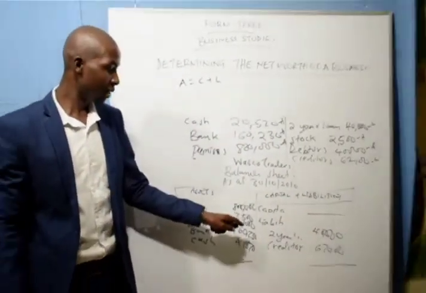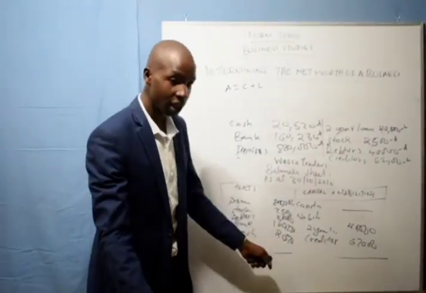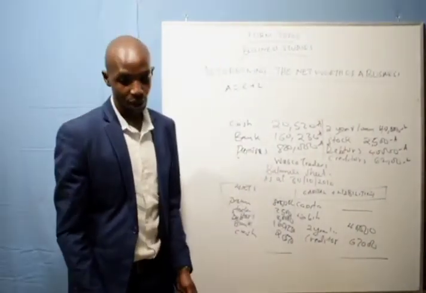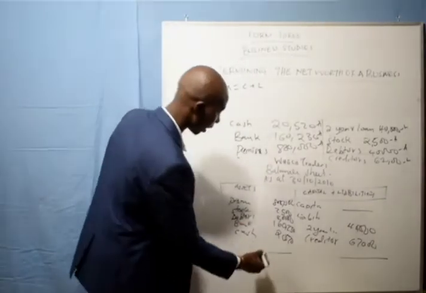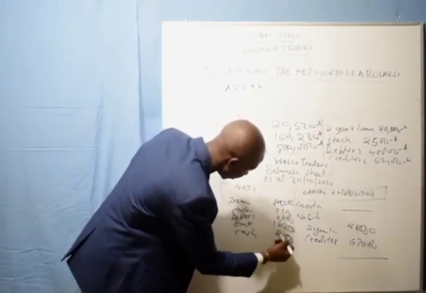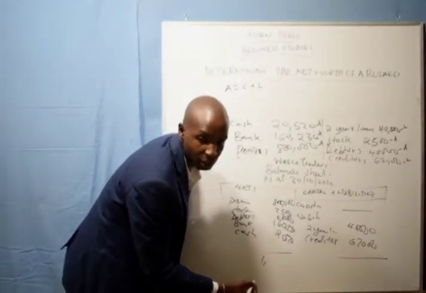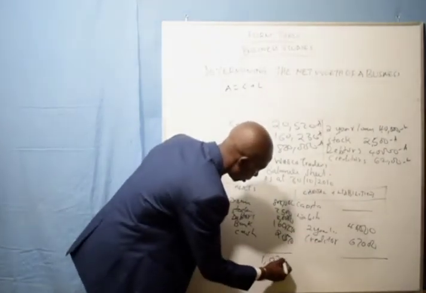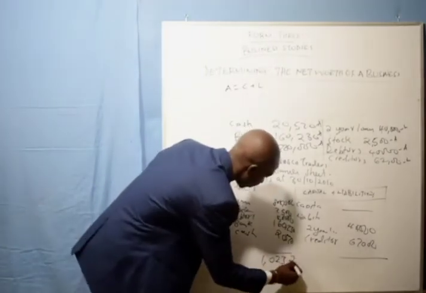Remember, the values on this side must be equal to the values on the other side. So you are going to have a total on this side of 1,023,450.